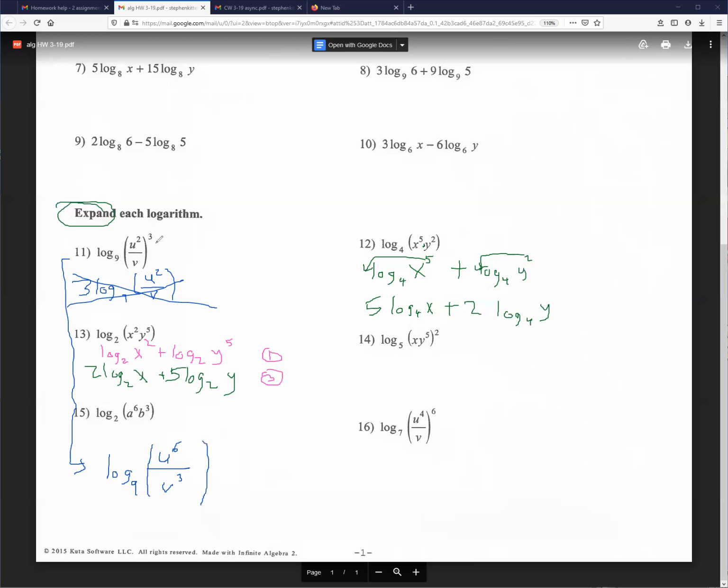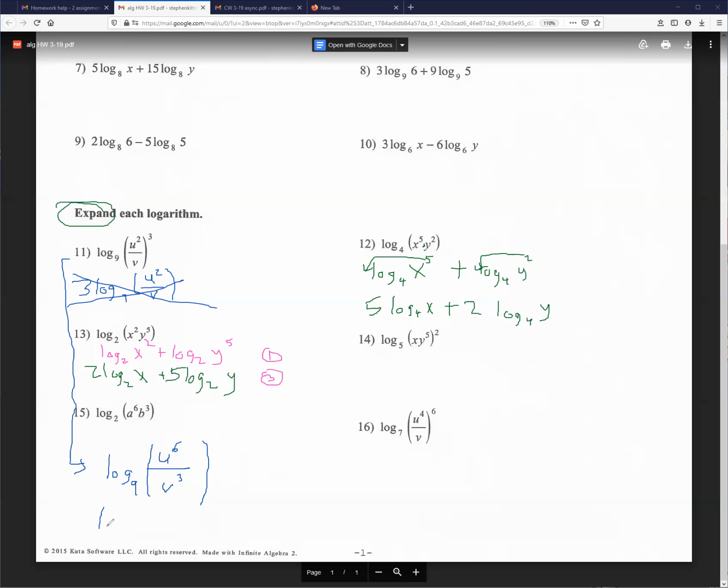And this will be, the cube will apply to the inside and not the outside as long as there's not parentheses involved. If you saw something like this, the whole thing is cubed. Don't do what I'm about to do. In fact, don't do anything to it. Just say, yup, that's the way it is. But if we're cubing the guts of this logarithm, I think it's much more sensible to simplify the expression before we start trying to do stuff with it.